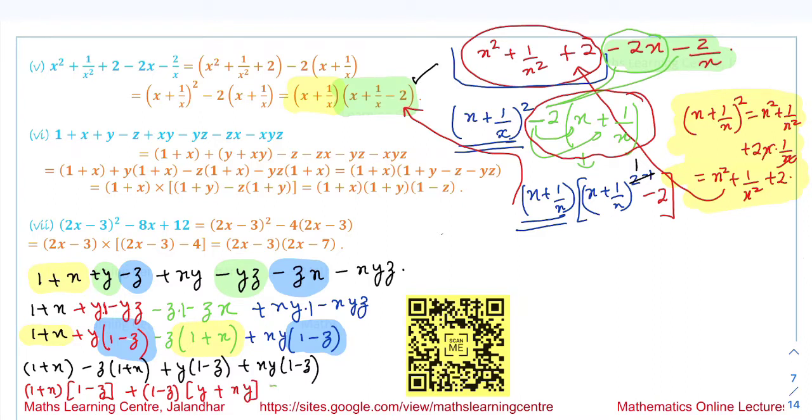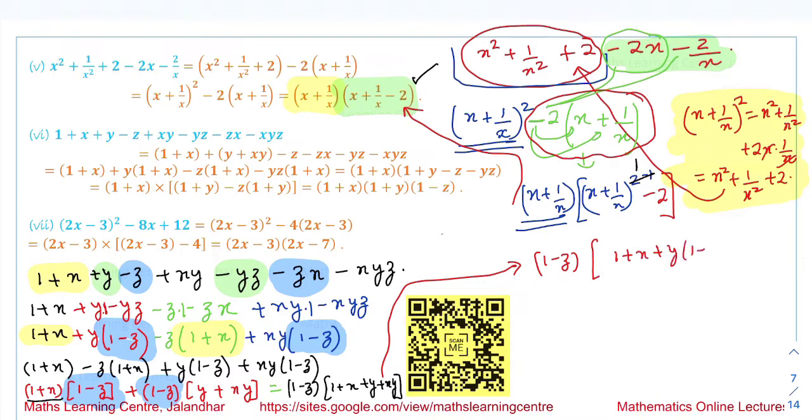and next 1 minus z is common in both of these. So the answer we will get is 1 minus z into 1 plus x from the first term plus y plus xy from the second term. Now in this case 1 minus z is there, then we have 1 plus x common.